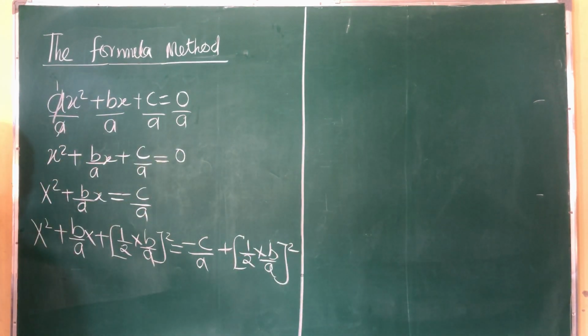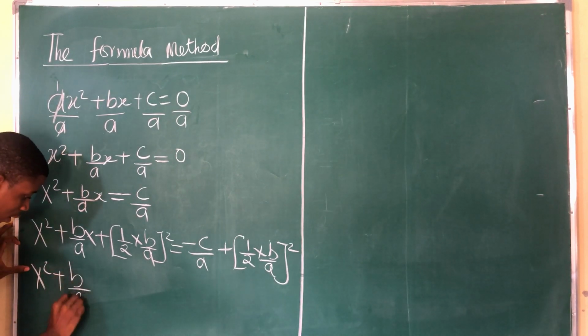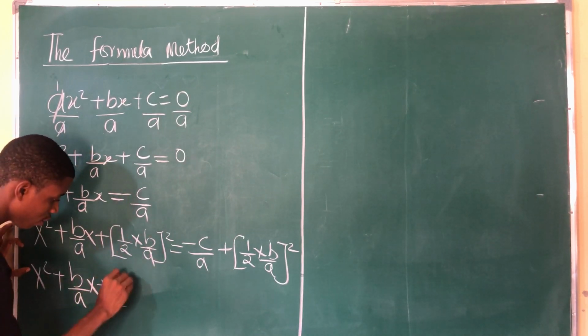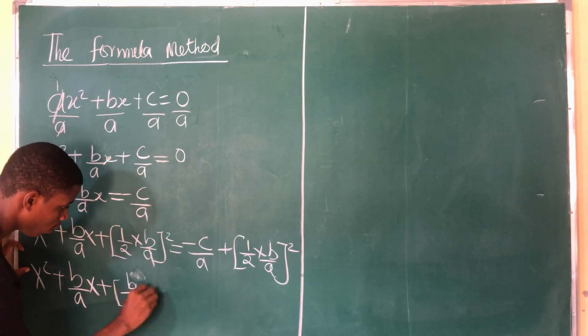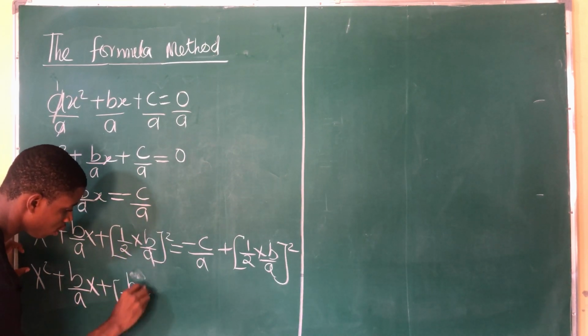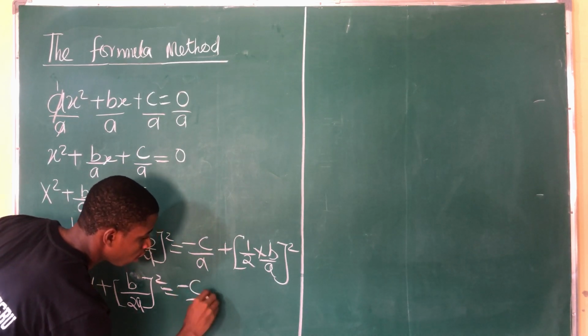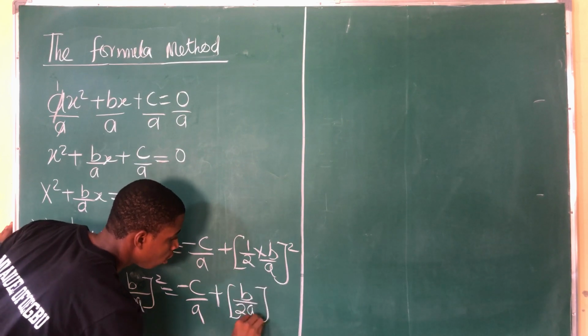Of course, this will have x squared plus b over a x plus, 1 multiplied by b, so let's leave it as b over 2 multiplied by a, so you have 2a all squared, is equal to c over a plus, of course, b over 2a all squared.